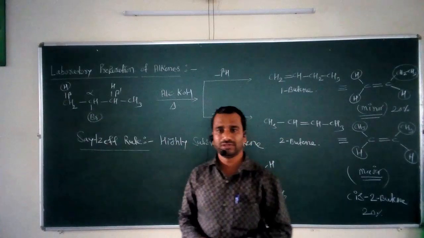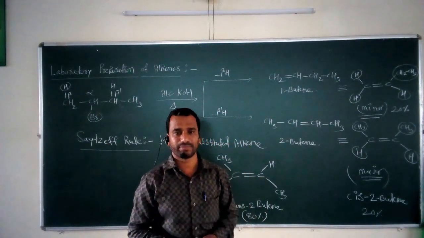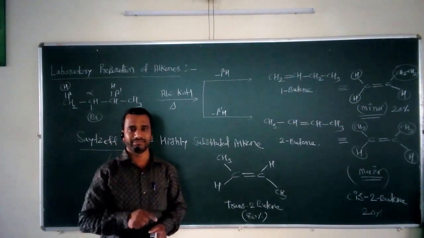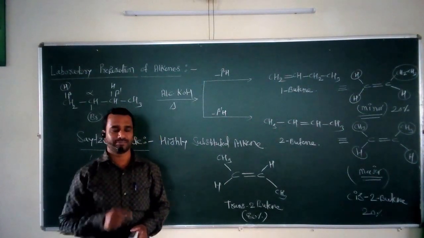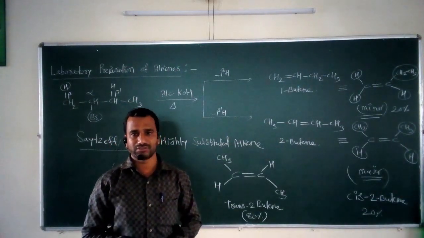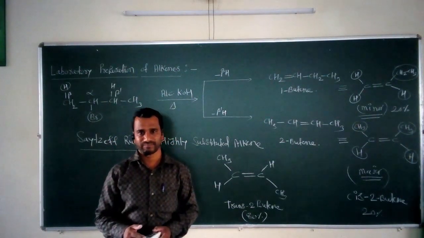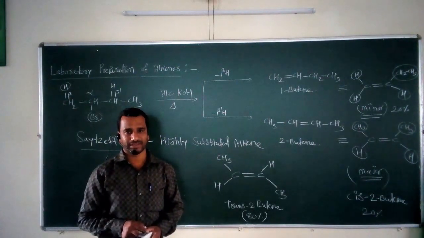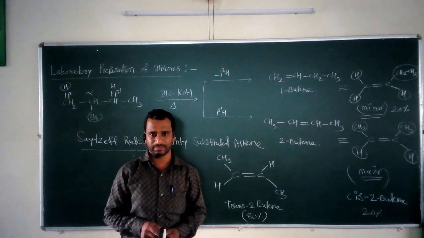Today we started one important point, laboratory methods of preparation for alkenes, in which we started the elimination reaction, and in the elimination reaction we studied the first important reaction, the dehydrohalogenation of alkyl halides, with two different examples. The remaining portion we will study in an upcoming video lecture. With this I conclude, I stop here.